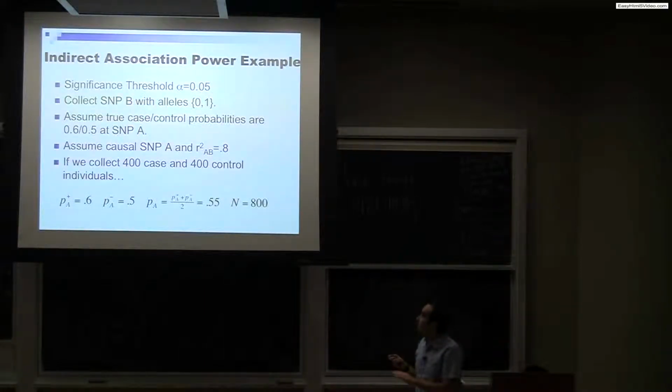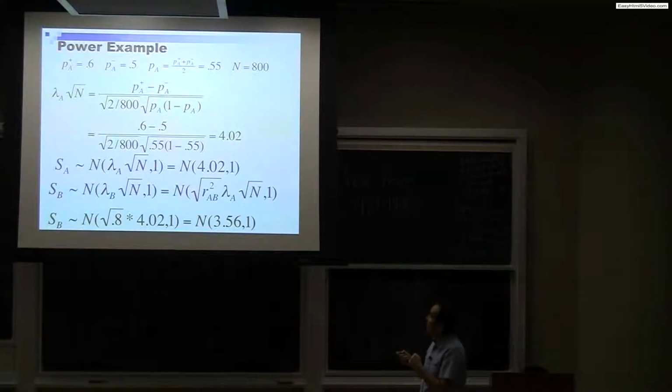Assume the causal SNP is A. I switched it here by accident. And the R squared is 0.8. We collected 400 cases and 400 control individuals. This is at the true SNP, and this is what lambda A is.